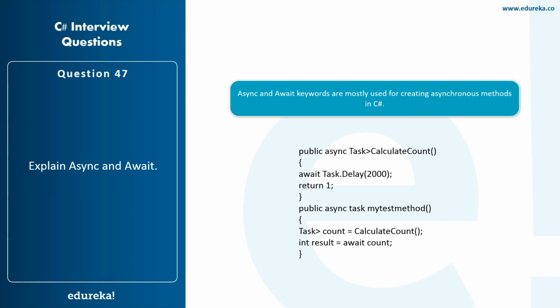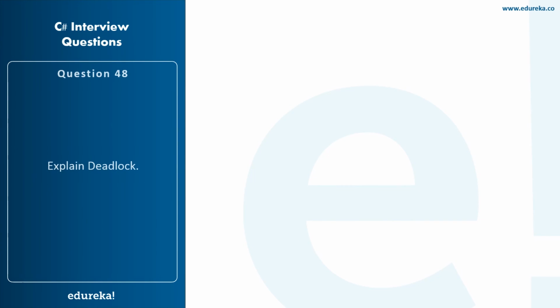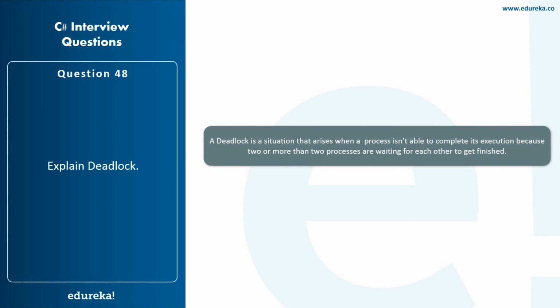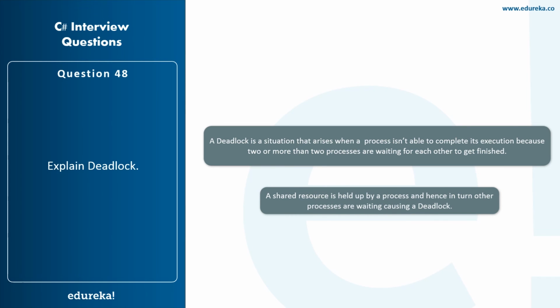Now I'll move on to the next question, which says explain deadlock. A deadlock is one of the most important topics in operating systems. A deadlock is a situation that arises when a process isn't able to complete its execution because two or more processes are waiting for each other to finish. This usually occurs in multi-threading.